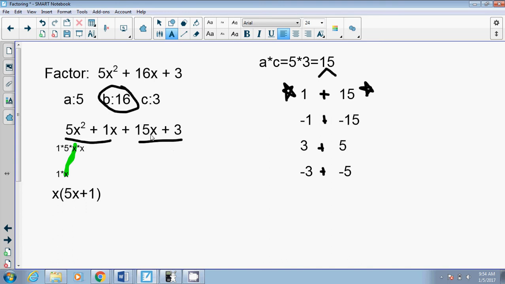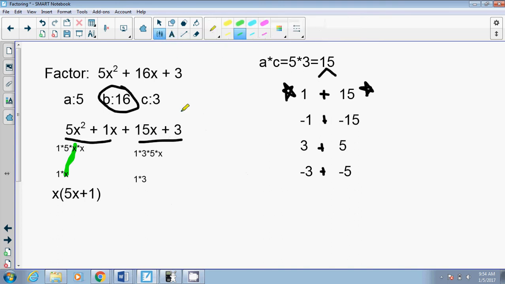All right, so we look at the second two, the 15x and the 3. Again, I'm just going to write out prime factorization here. So 15x is 1 times 3 times 5 times x. And then 3 is just 1 times 3.